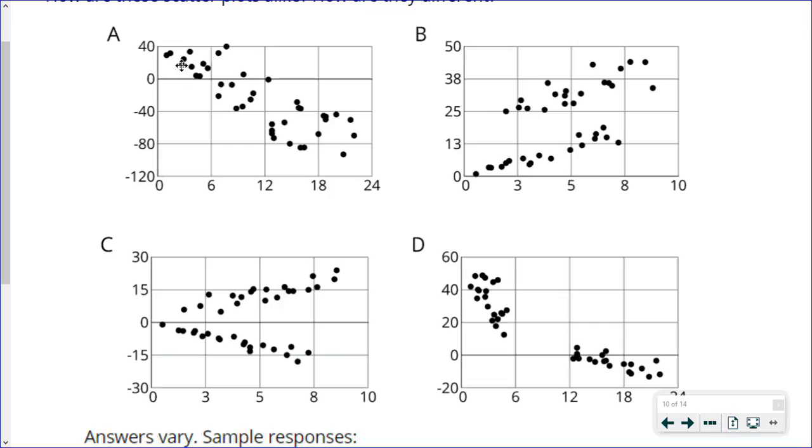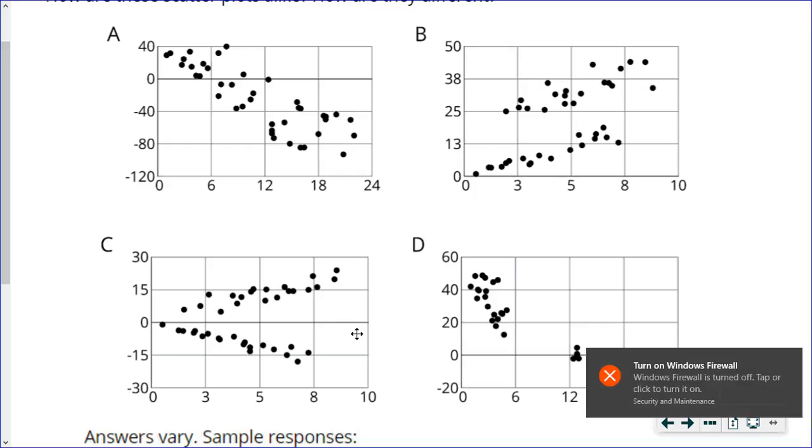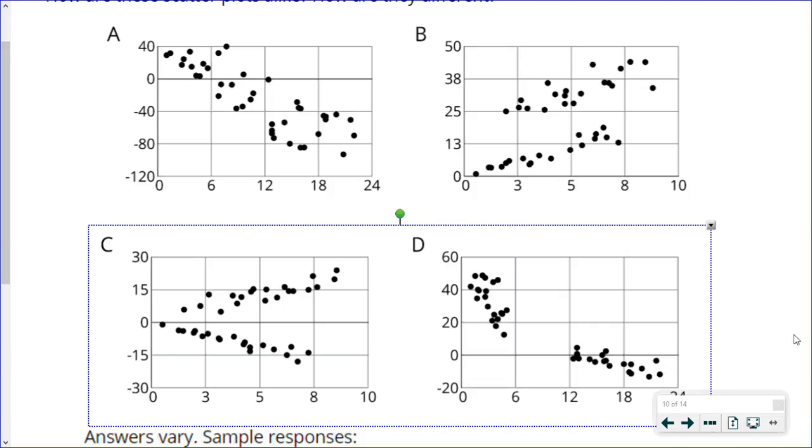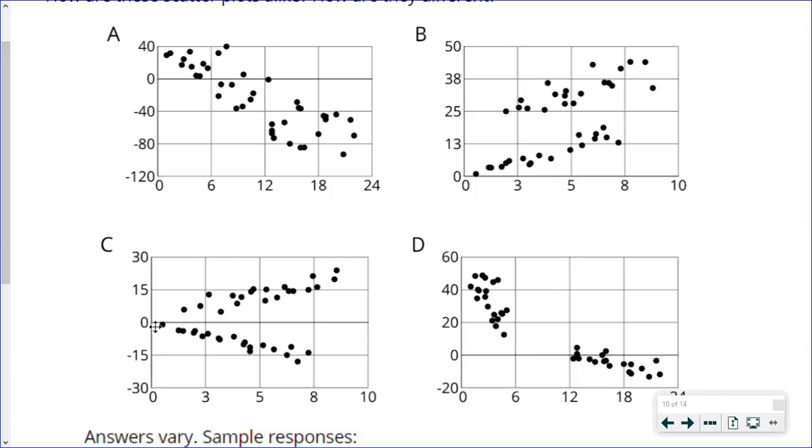It goes into quadrant 1 and then trickles down into quadrant 4. Same thing with C. Here's my x-axis. Sorry about that. And I'm seeing data in quadrant 1 and again in quadrant 4. And then D, again, here's my x-axis, and I'm seeing cluster of data here in quadrant 1 and 4 again.